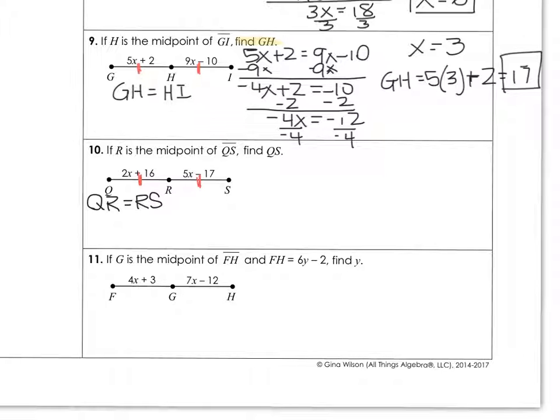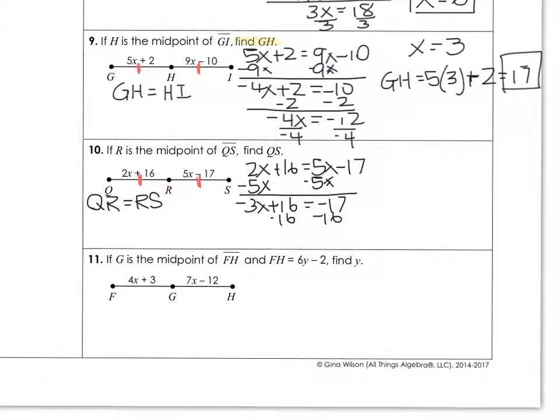The first step is to find x, so we set them equal: 2x plus 16 equals 5x minus 17. Subtract 16. Divide by negative 3.